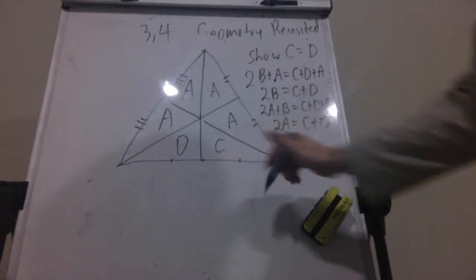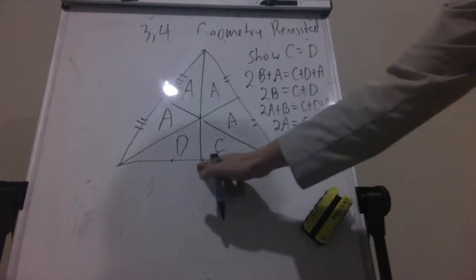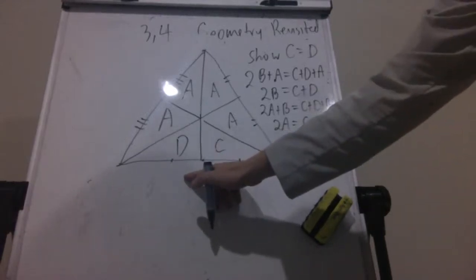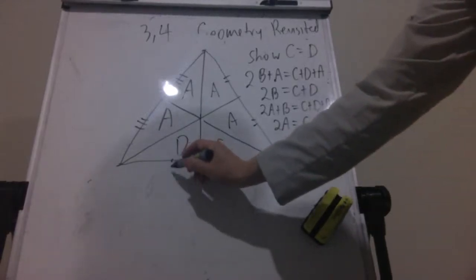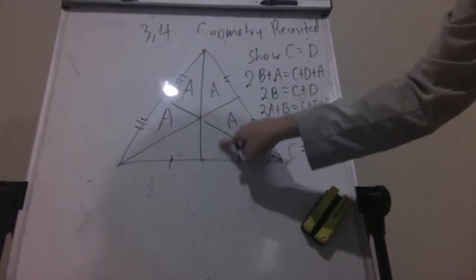So then we can conclude C equals D. So therefore this has to be the midpoint. So not only is C equal to D, but they're both equal to A.